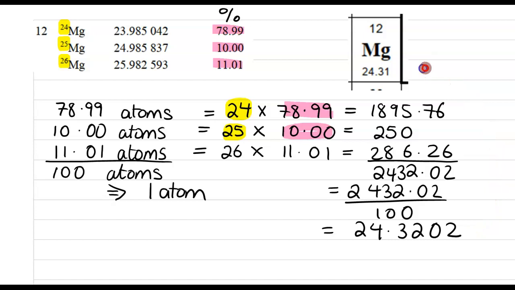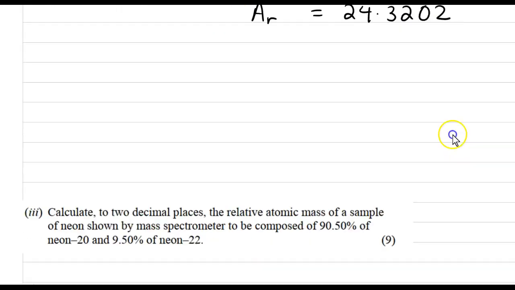Rather than 2 decimal places for these abundances, they probably did calculations with more decimal places, giving them better accuracy. Now remember, relative atomic mass does not have any units. So the AR of that is equal to 24.3202.